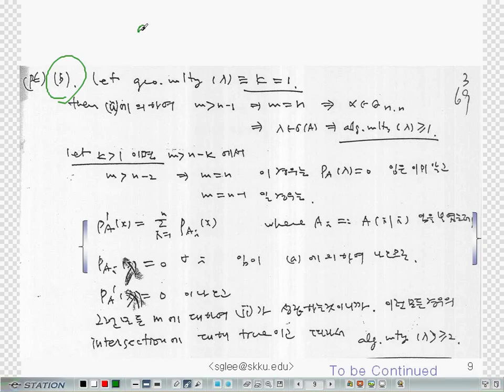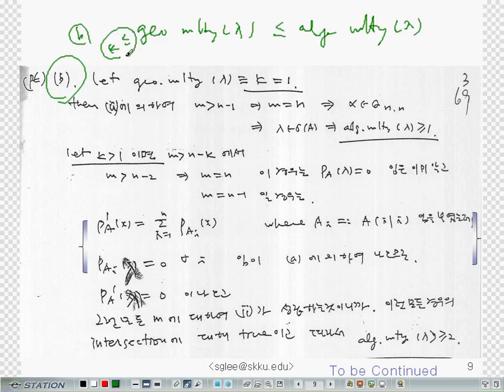So we want to show the geometric multiplicity of lambda is always less than or equal to the algebraic multiplicity of lambda. This is what we want to show. This is part B. When this one is greater than or equal to k, we want to show this one is greater than or equal to k. Okay.